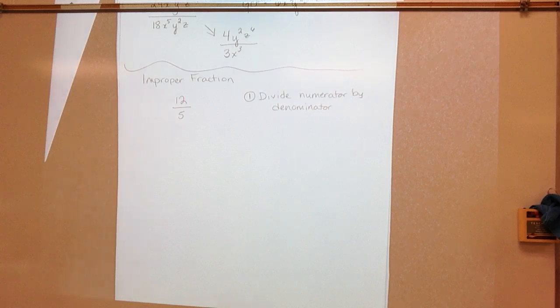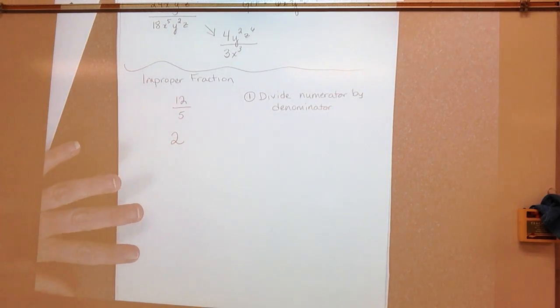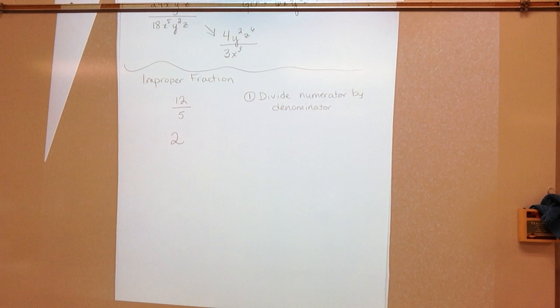Well, it may not go evenly. It might, but it may not go evenly. So I've got to get it to the closest that I can. 5 goes into 12 2 whole times. That's 10. 5 times 2 is 10.